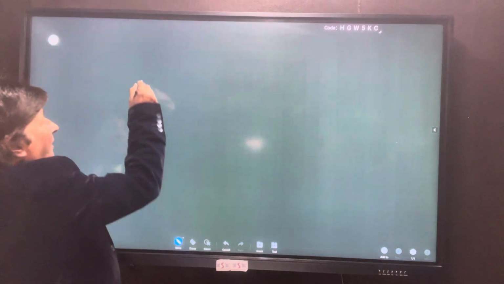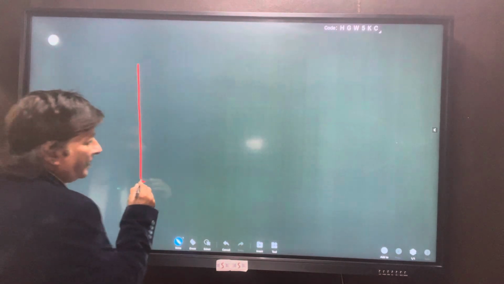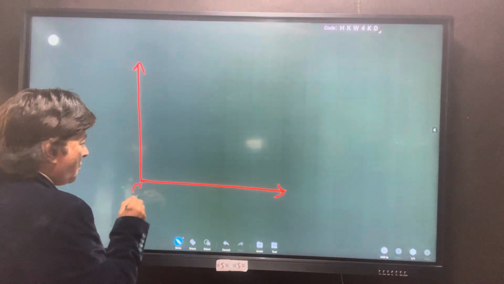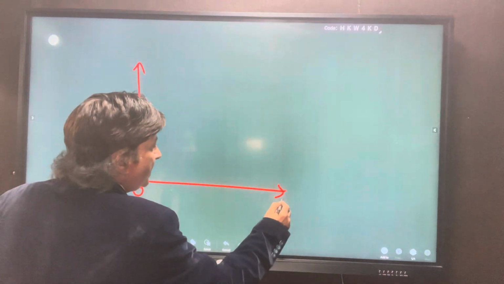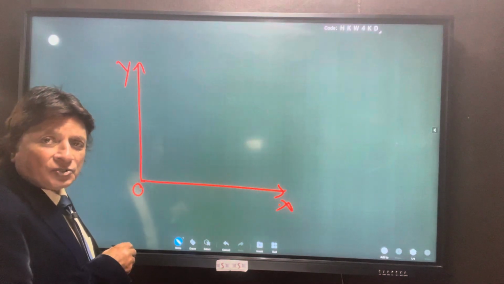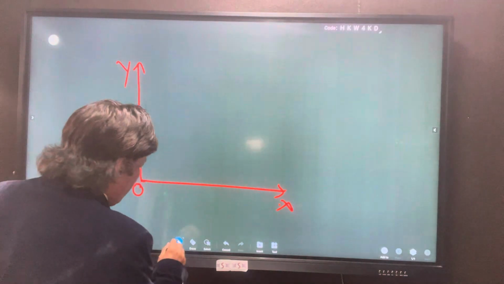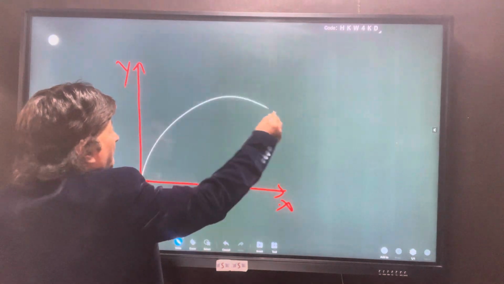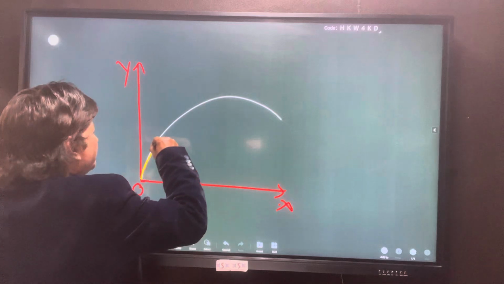See, this is O, x and O y, the two axes.